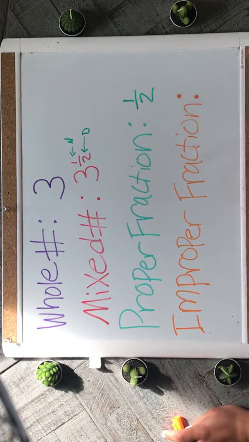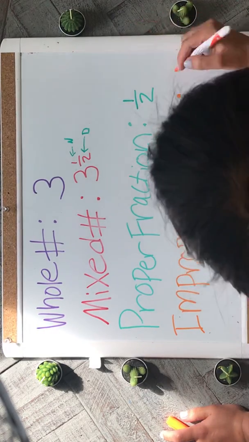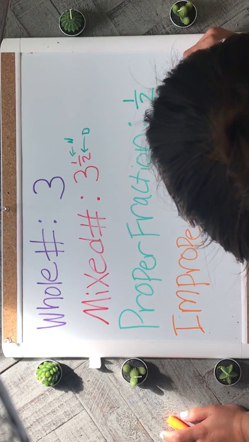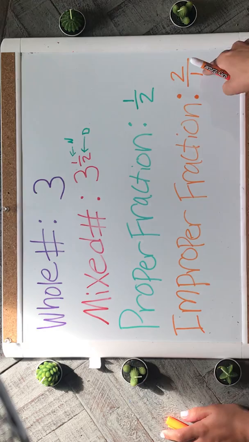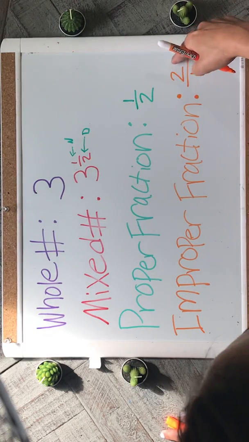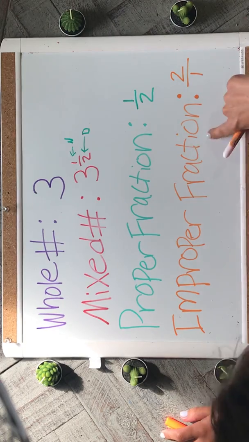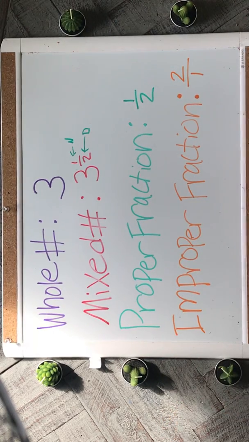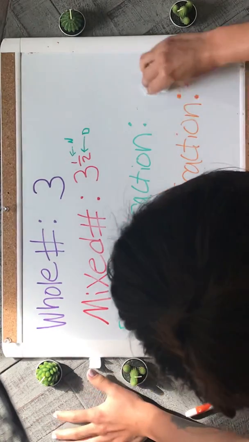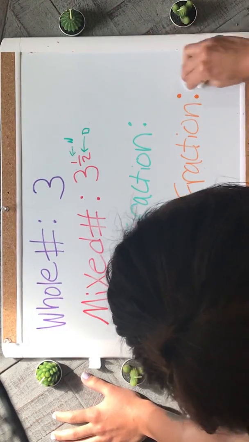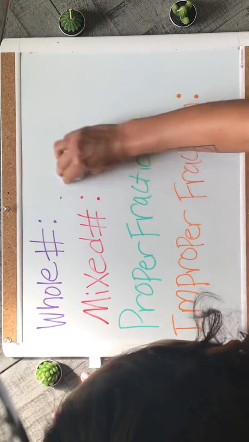Okay, so still just using this, half, I'm going to just flip it, and my numerator is larger than my denominator down under. So when that top number is larger than that bottom number, that is an improper fraction. Okay, now I'm going to leave this written here, but let me give you some other examples. Hopefully you got all these down. If not, please rewind and make sure to get those down.